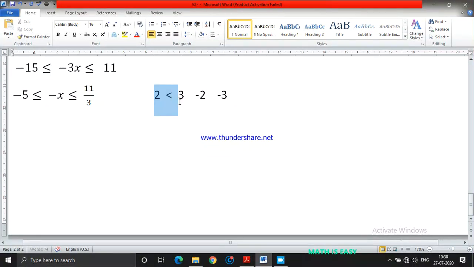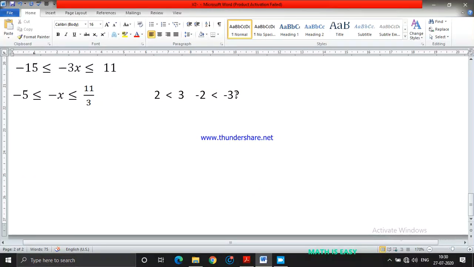If 2 is less than 3, then still I can say minus 2 is less than minus 3. Is that true? Minus 2 is less than minus 3? No, right? Minus 2 is greater than minus 3.